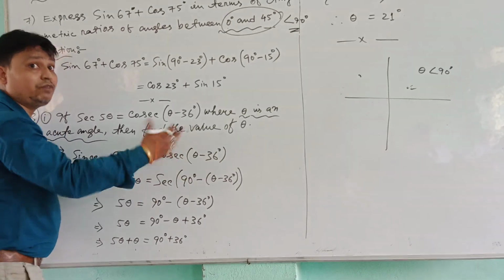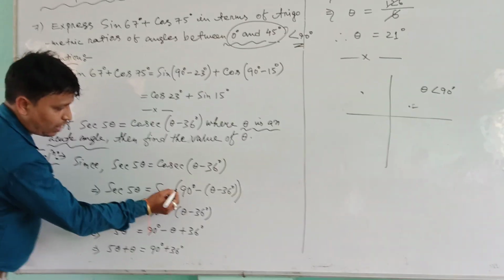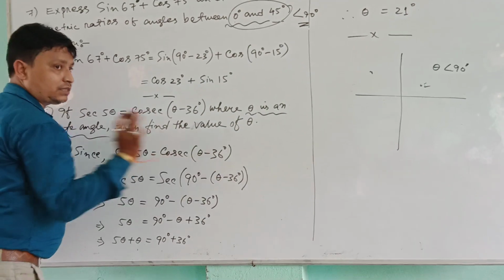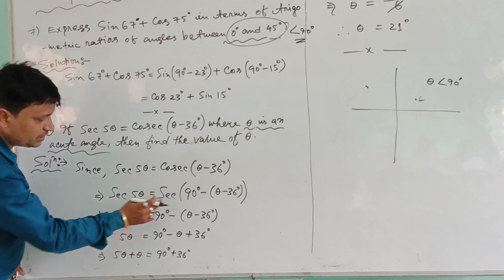These two are matching or not? In reverse order, we have just broken this one. Clear? So 1 into 90, 1 is odd, sec changes into cosec, and then there is theta. Now see, same function or not?